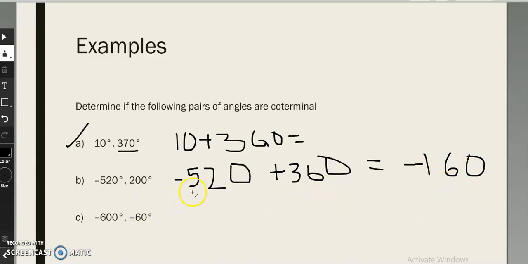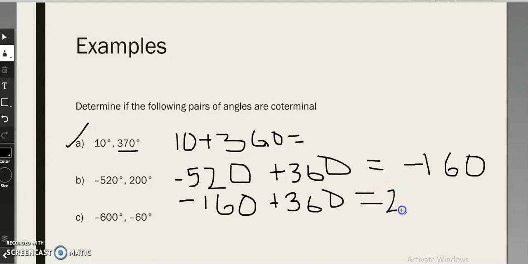So maybe I should have added 360 times 2, or just keep adding 360. I'm going to add 360 again, and I do get 200. So negative 520 and 200 are coterminal.